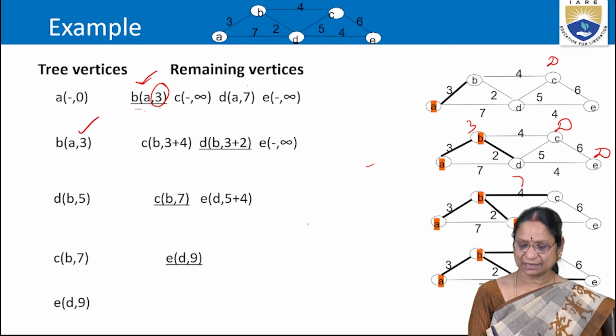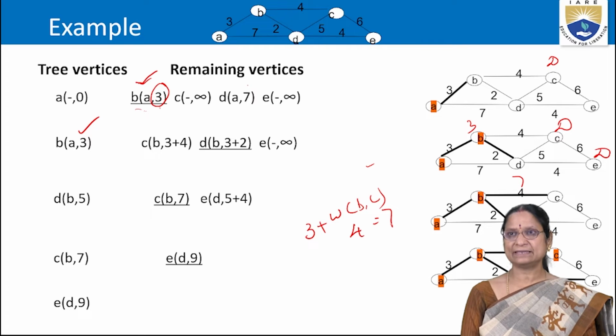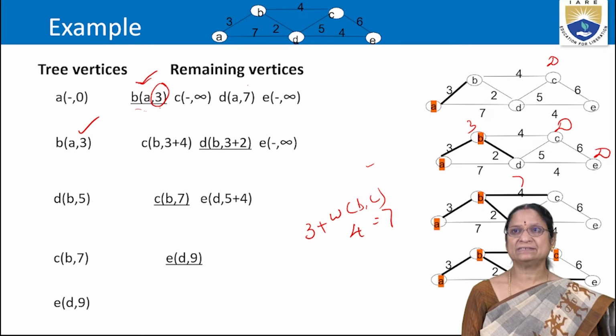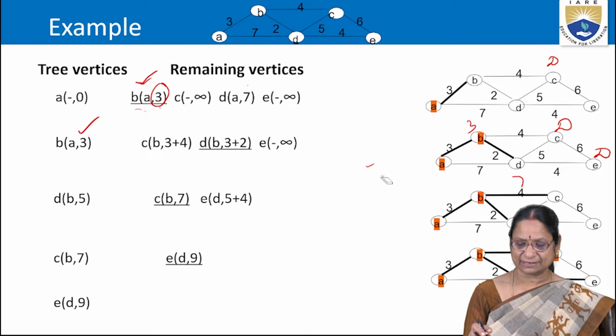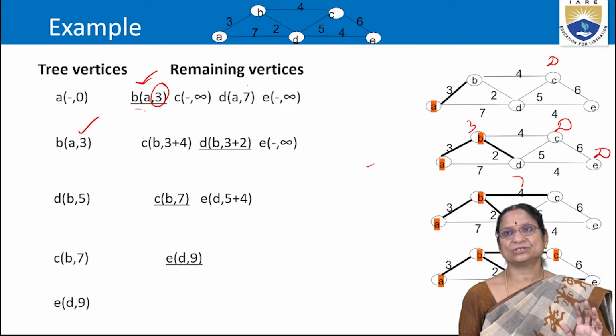Reachability cost of B is 3 plus BC value, that is weight of B comma C. What is the weight of B comma C? It is 4, which is equal to 7. Reachability cost of C is 7, which is lesser than the infinity already initialized by us. That only we are doing here. That is considered as a relaxation rule.